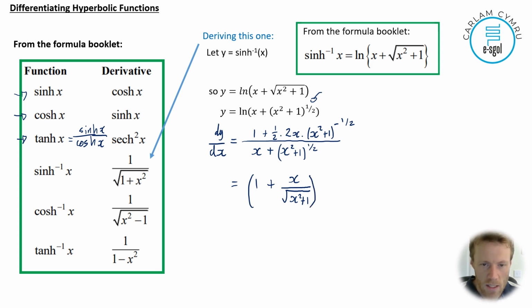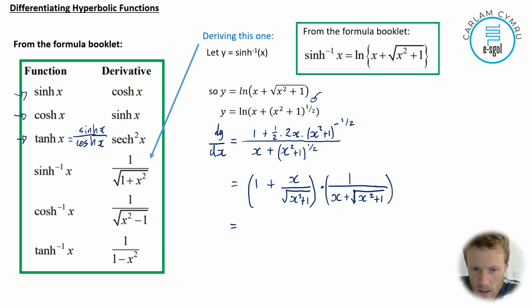And then instead of saying divide by the denominator, I'm going to say we're timesing by 1 over that. So x plus the square root of x squared plus 1. There we go, so that's the denominator.